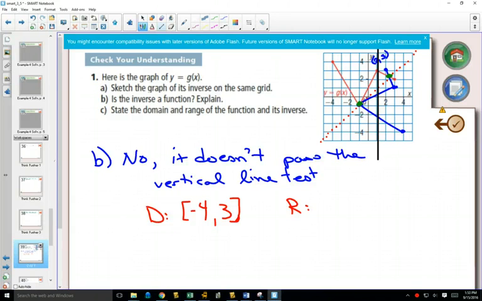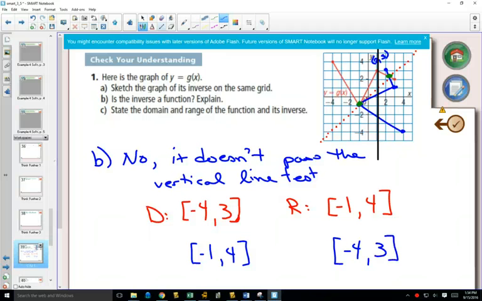Our smallest y value is -1, and our biggest y value is 4. For our blue graph, now our smallest x value is -1, and our smallest y value is -4, and our biggest y value is 3.